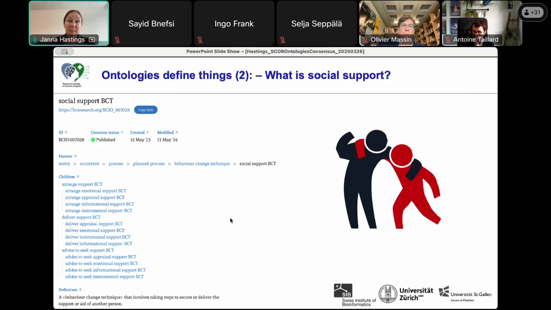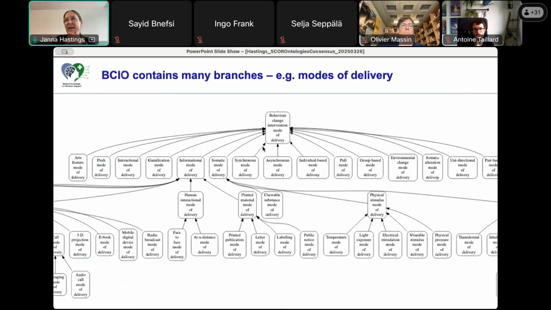So typically, researchers don't present their interventional content at this level of detail. But actually, these distinctions matter in terms of determining effectiveness. And having an ontology which prompts people to think, is this what they're doing or that what they're doing, and really describe it at the level of detail that's needed is a very useful and valuable thing.